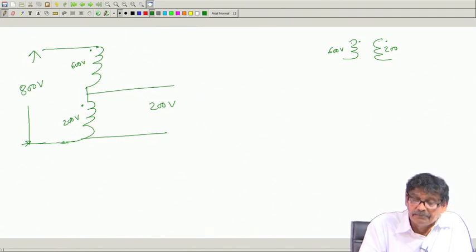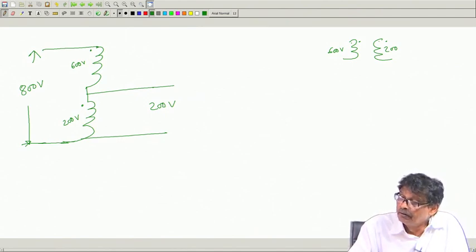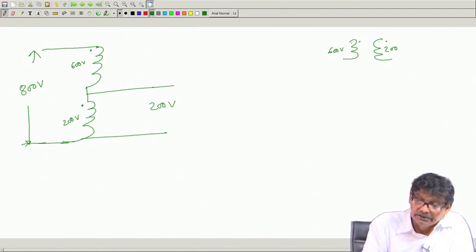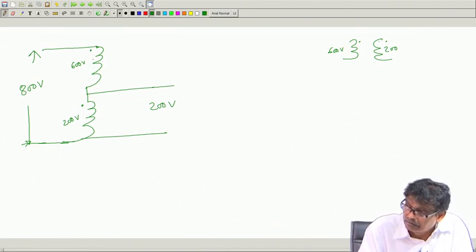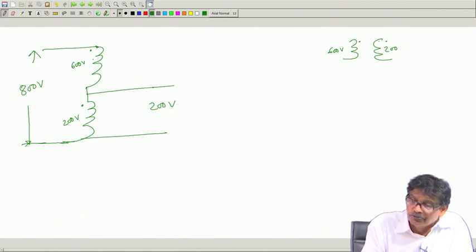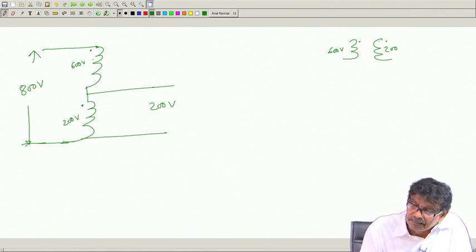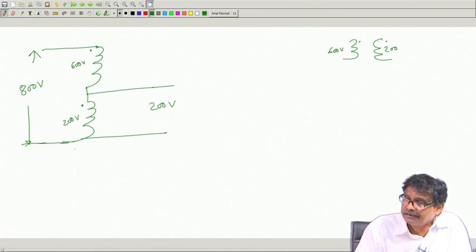I have connected them in series with regard to dot polarities and supplied it with 800 volt. So, if it is 800 volt, then here the voltage will be 600 volt even when the load has not been connected, because voltage per turn remains the same, and 200 volt here, and I can supply 200 volt here.